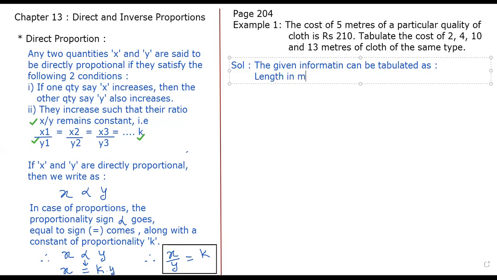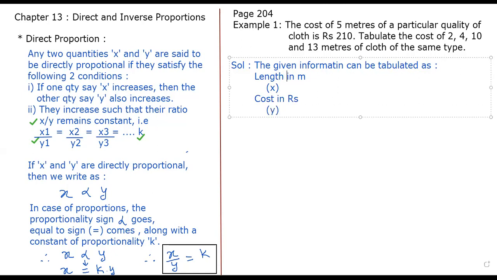Length in meters would be your x. Always mention who is x and who is y. Length in meters is x, cost in rupees is going to be y.